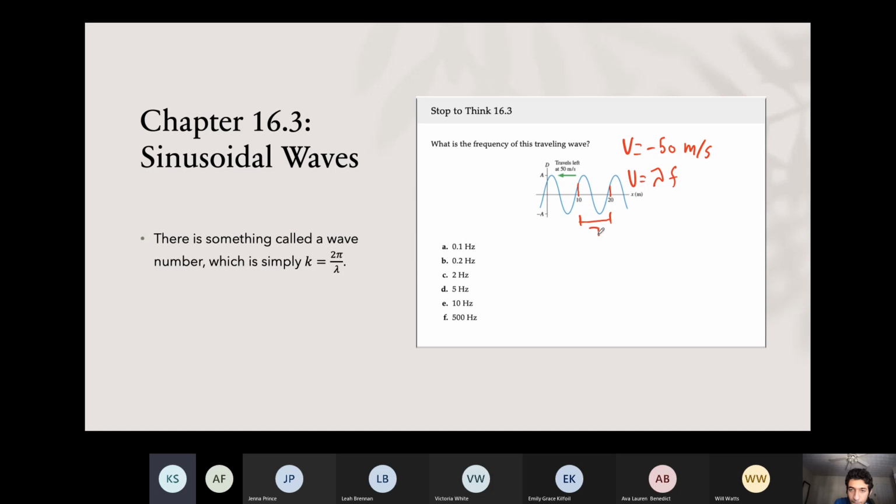That's a full wave. So your lambda is equal to 10 meters. That means that, as you said, 50 is equal to 10 multiplied by f. So f is indeed equal to 5. This would be the answer.